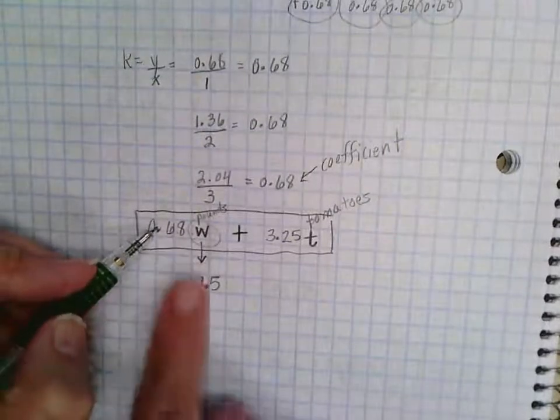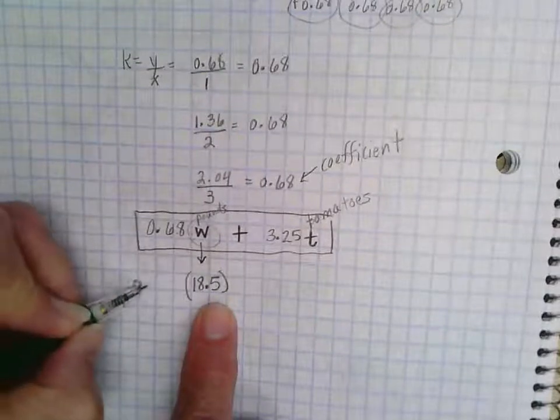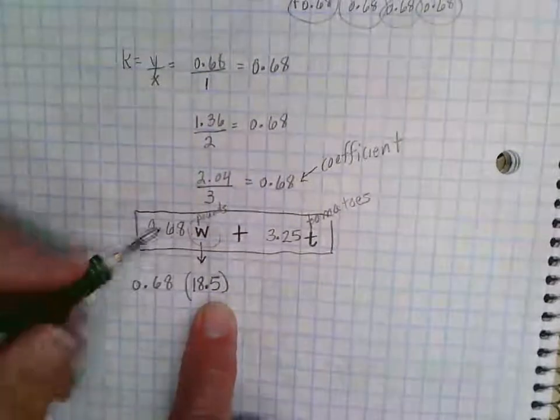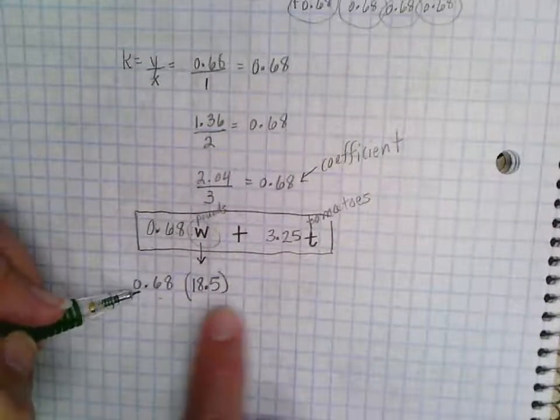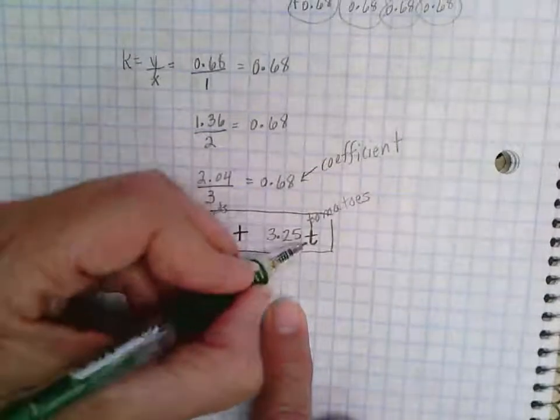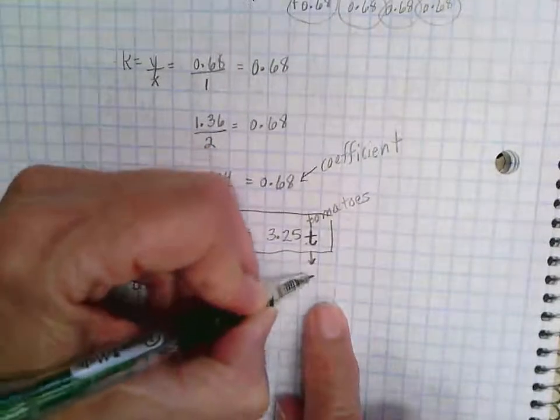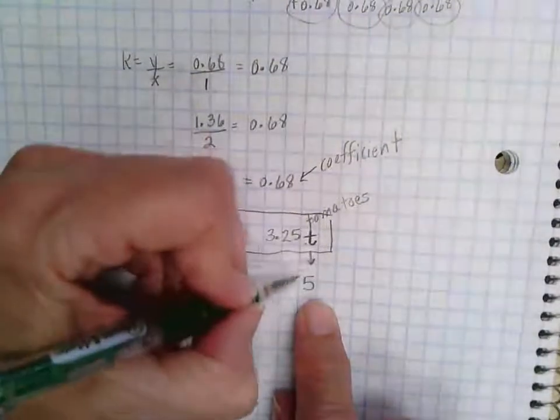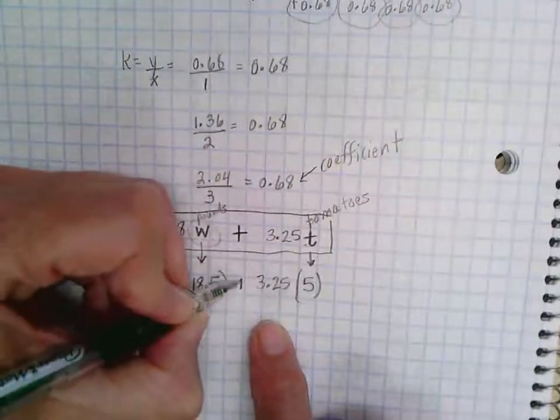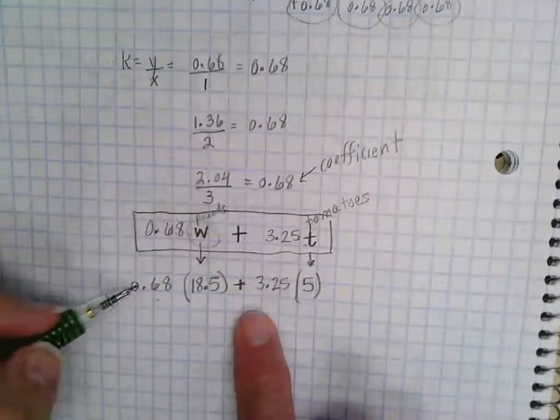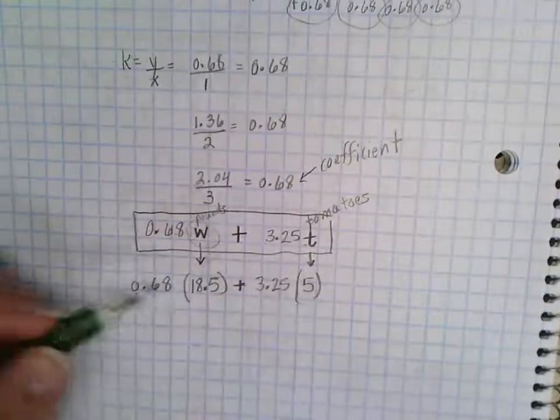Because I'm using decimals here, I'm going to change that into decimal format. So that's how I can find out how much my watermelon will cost. And then my tomatoes, it is telling me that I have 5 pounds of my tomatoes. So I'm going to multiply 5 times $3.25 and add those together, and then I'll have the total cost for this one watermelon and these 5 pounds of tomatoes.